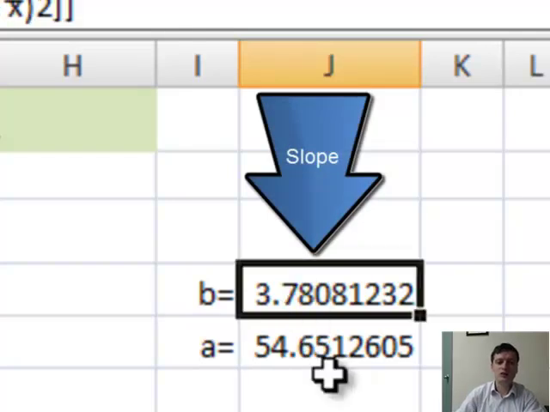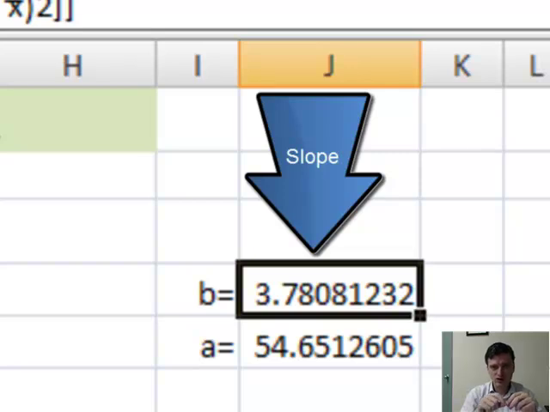Okay? What about the B? What is the slope? The slope is the rise over run, is the increase in the dependent variable for 1 unit increase in the independent variable. In concrete terms, that would be that for each hour increase in study, the score will be increased by 3.78 points in the overall score.